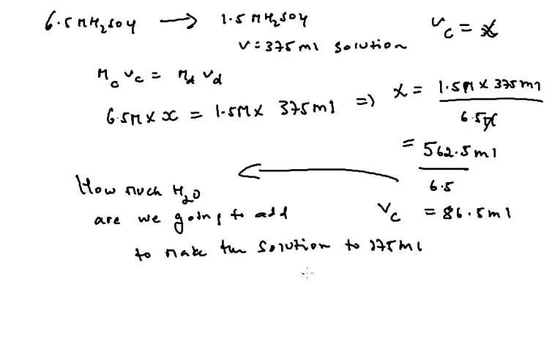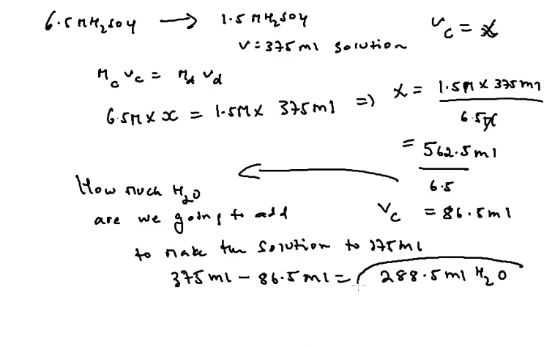The water that you're going to add, make sure that it's distilled water. We're going to subtract 86.5 from 375, so 375 milliliter minus 86.5 milliliter would give us 288.5 milliliter of distilled water.